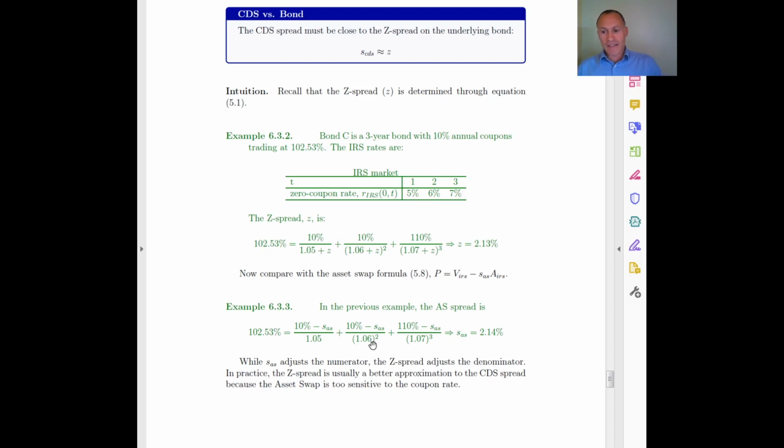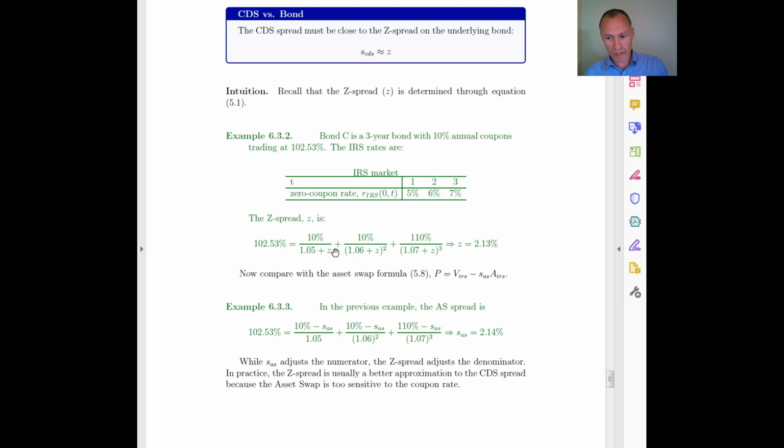Okay? The difference is that in the Z spread, so notice, let me step back. Notice that in both cases we are using risk-free rates to discount cash flows that are risky, right? So we have to use a hammer somewhere to make the two sides match, right? To make the market price equal to the present value of these cash flows with risk-free rates, right?